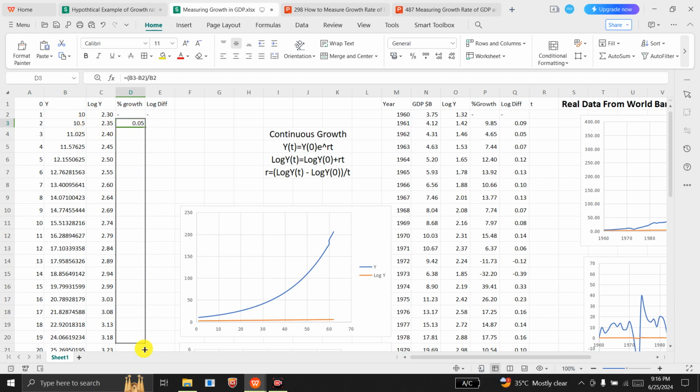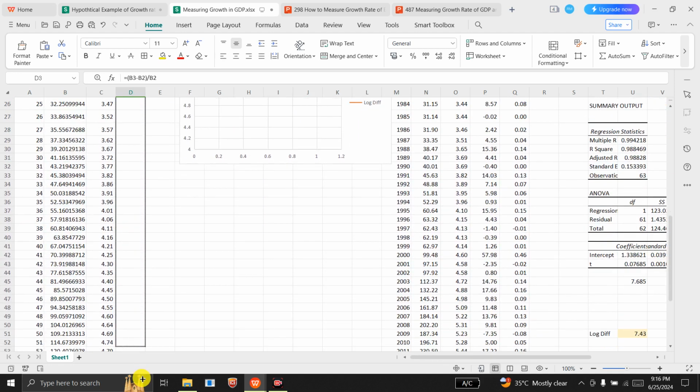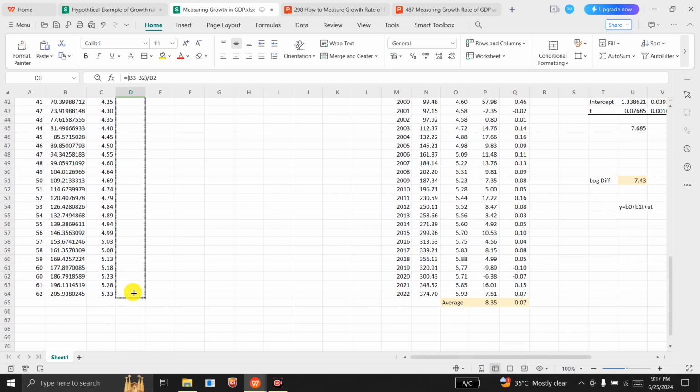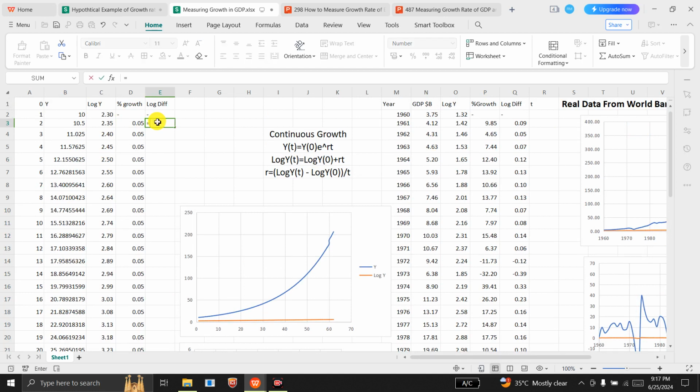And if I copy this, this gives me a constant growth rate for each year. So throughout, annually, the series is growing by 5%. I can also use the log difference. So the log difference can also be used for computing growth rate for this year.